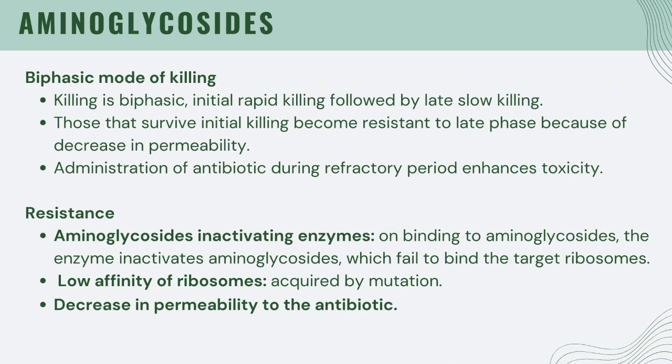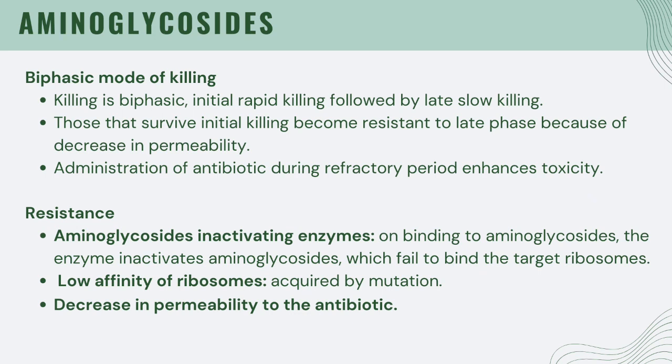In this phase, the rate and extent of bacterial killing increase as the concentration of antibiotic increases. Initial rapid killing is followed by late slow killing. Those that survive initial killing become resistant to the late phase because of decrease in permeability. Administration of antibiotic during the refractory period enhances toxicity.